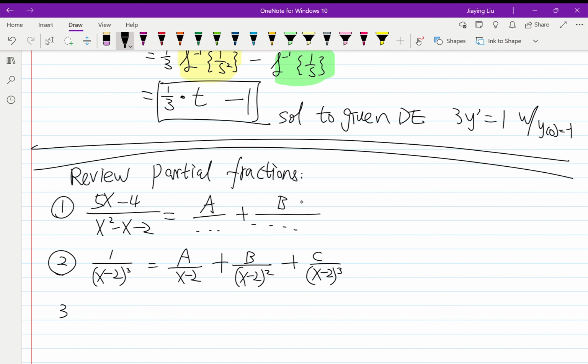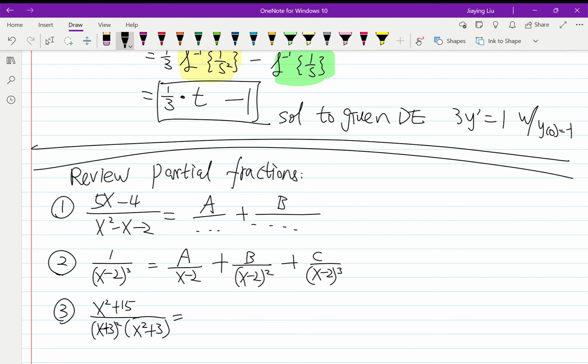And then the next one is x squared plus 15 over (x plus 3) squared times (x squared plus 3). When we decompose it, the first denominator, (x plus 3) squared, will give us two fractions with the power increased by 1 each time.